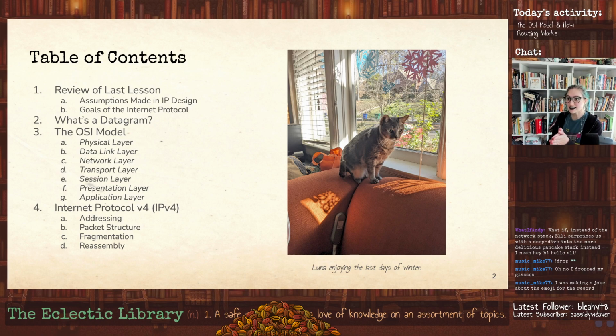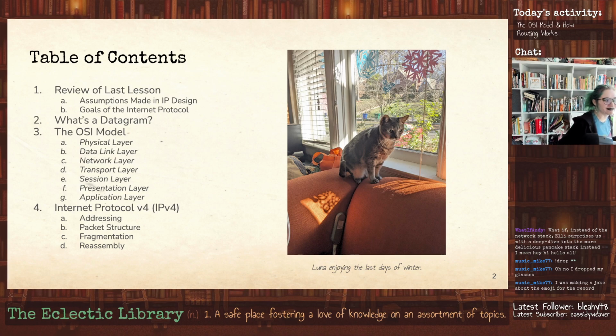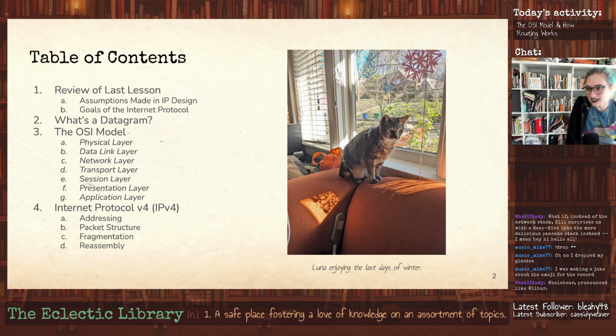So, table of contents for today. We are going to be doing a quick review of Tuesday's lesson. Then we're going to be going over whale boar, pronounced Wilbur. Then we're going to be going over what a datagram is, since that's a kind of basic term that's going to be thrown around a lot.